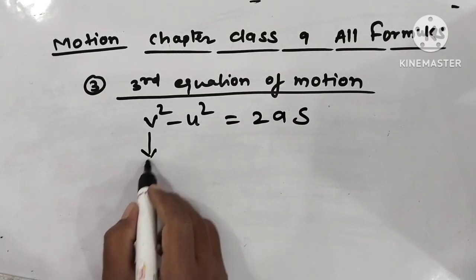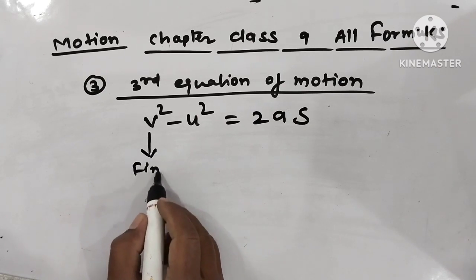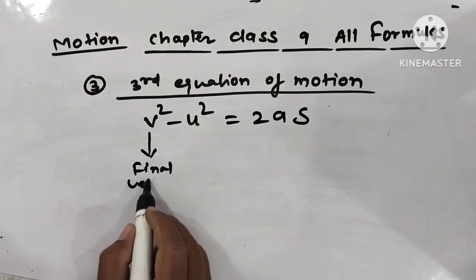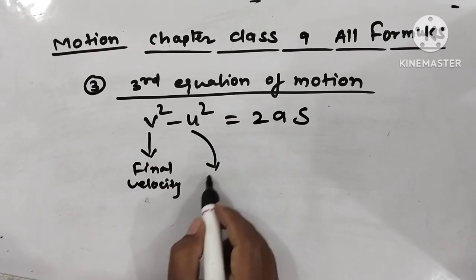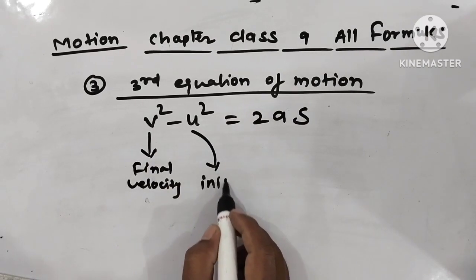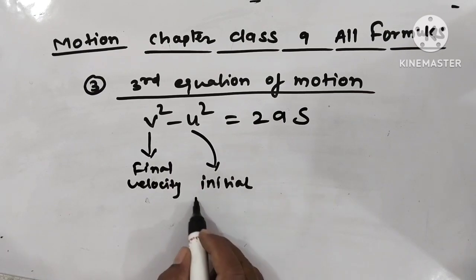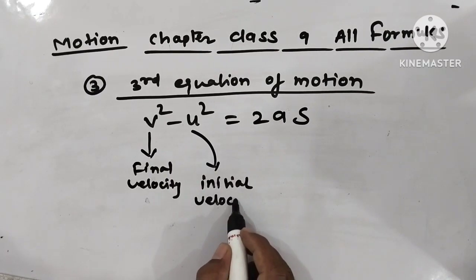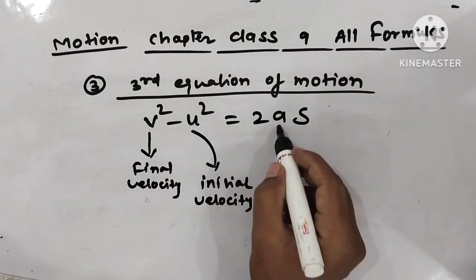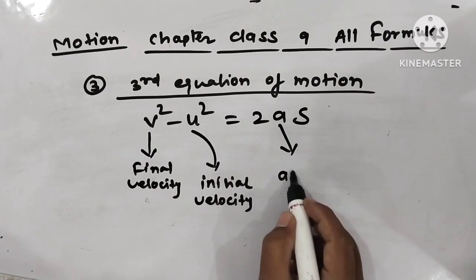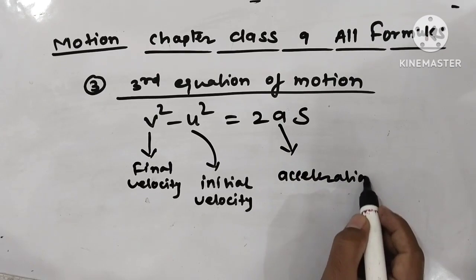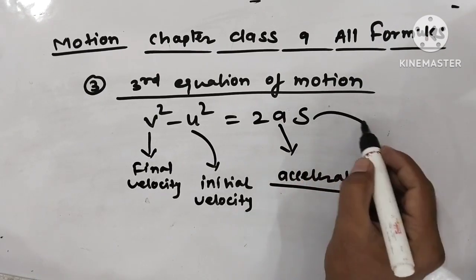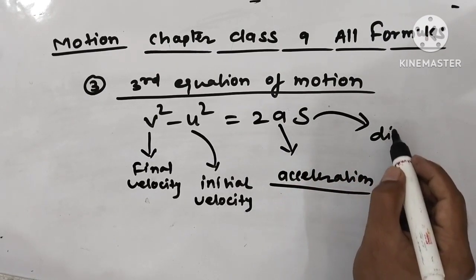V is final velocity, u is initial velocity, a is acceleration, and s is displacement.